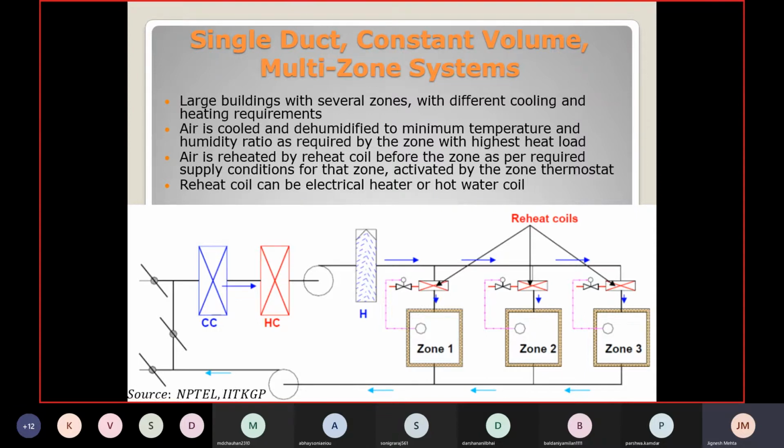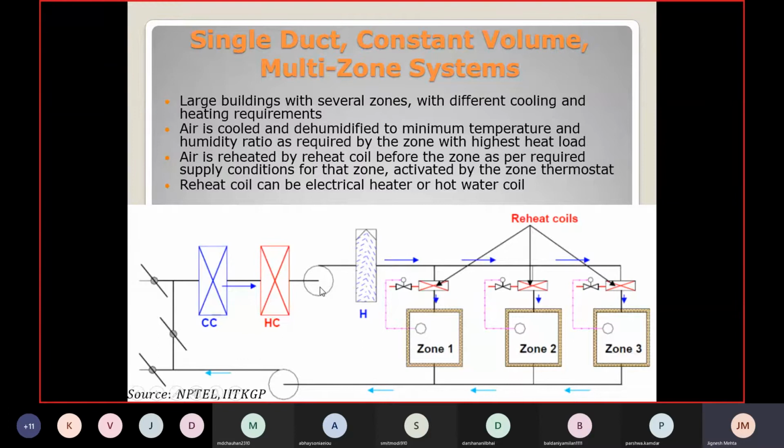So you are changing the volume of the air which is being taken into the indoor unit, and which is again supplied back into the room. But here, when you say constant volume, this fan or blower is running at a constant speed, and there is no change in the amount of air supplied to the space, right? So that is constant volume.